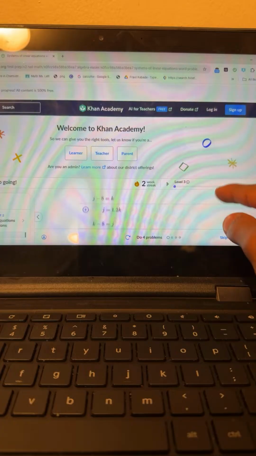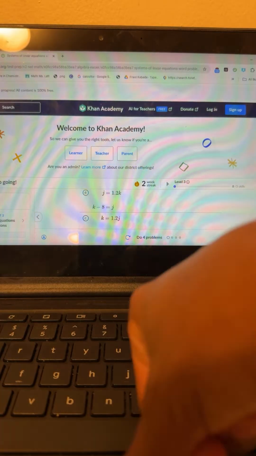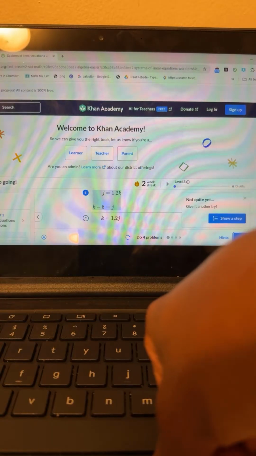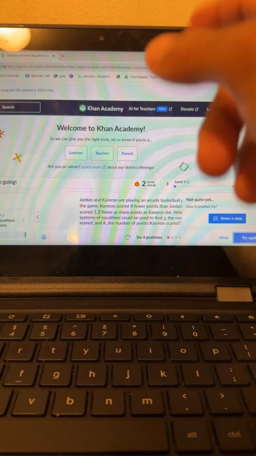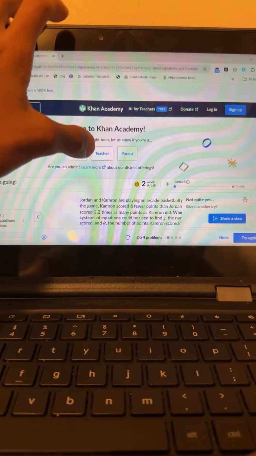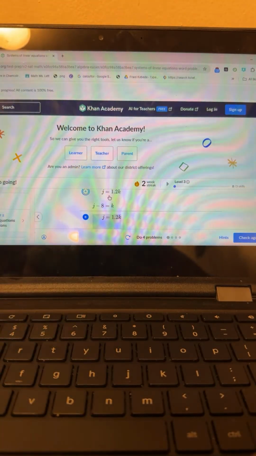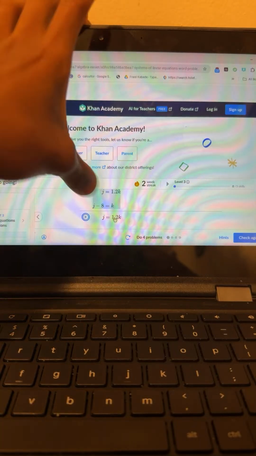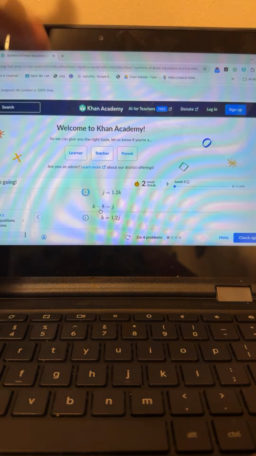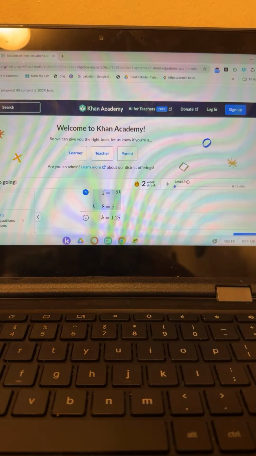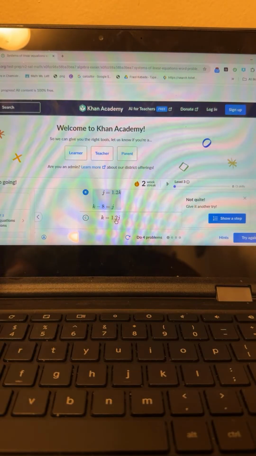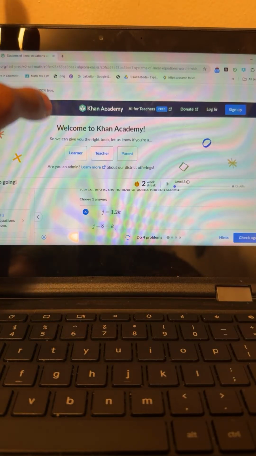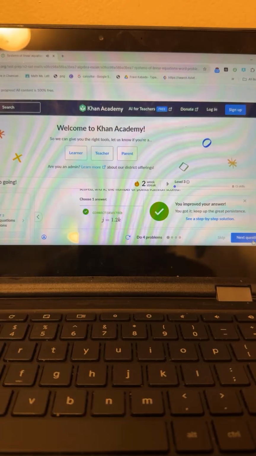J minus 8 equals K. Let me look at the equation. J equals 1.2J. J minus 8 equals K. 1.2 equals K. K minus 8. I don't know how the A.